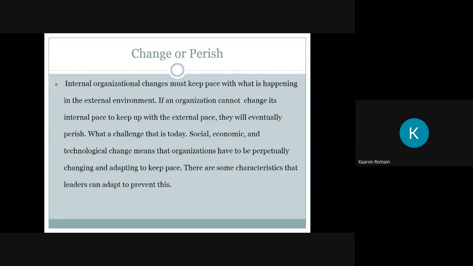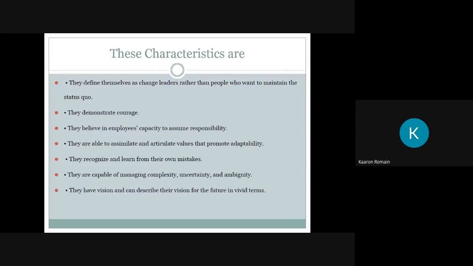Social, economic, and technological change means that organizations have to be perpetually changing and adapting to keep pace. There are some characteristics that leaders can adopt to prevent this. Next slide. These characteristics are: They define themselves as change leaders rather than people who want to maintain the status quo. They demonstrate courage.